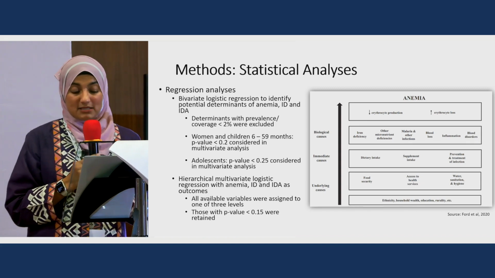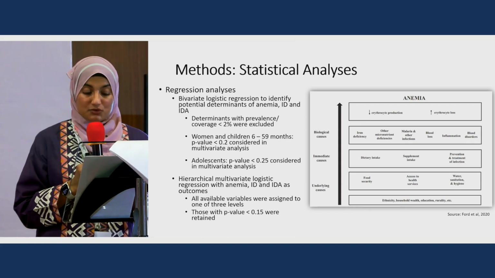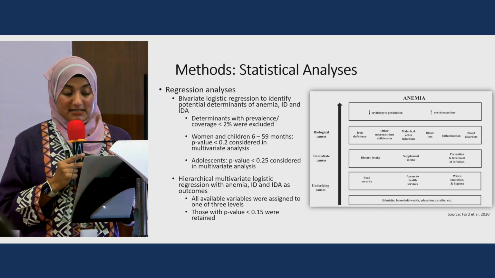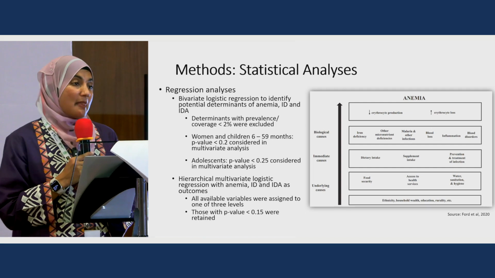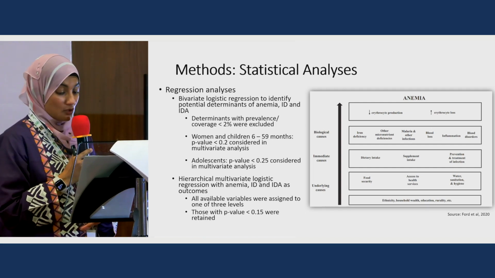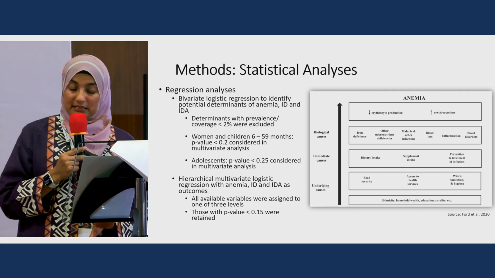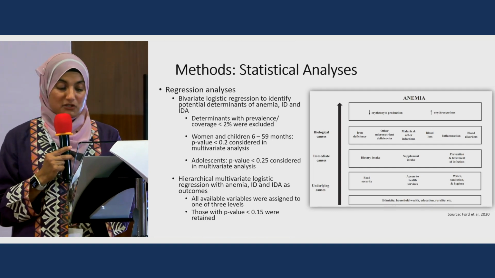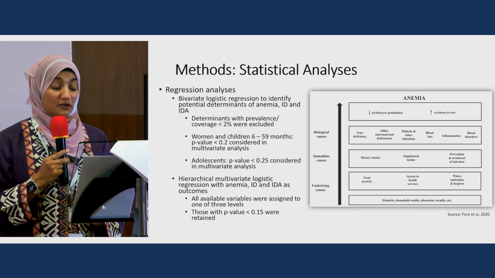The first level was underlying causes and included household wealth, urban-rural residence, food security, etc., and that was followed by the immediate causes, which include diet, micronutrient supplement intake, as well as the prevention and treatment of infections.